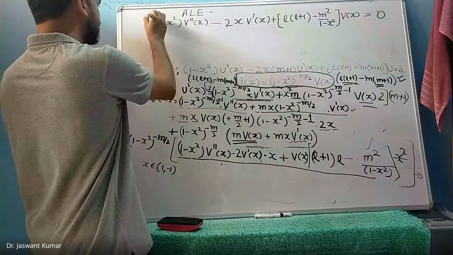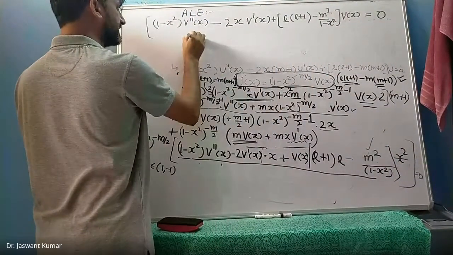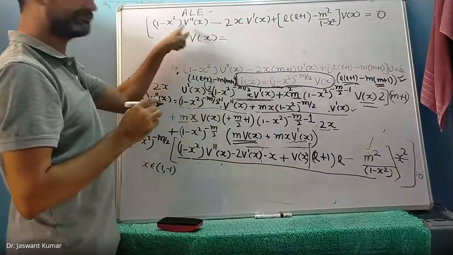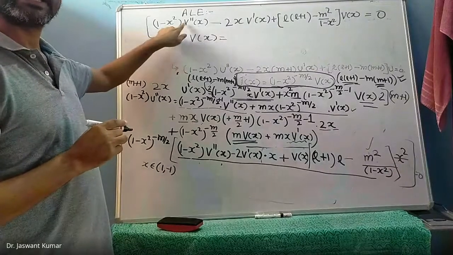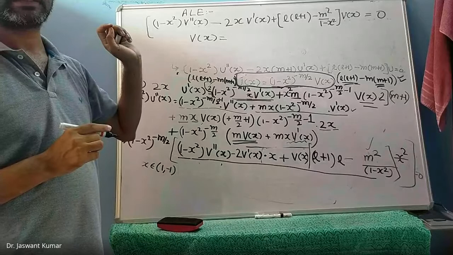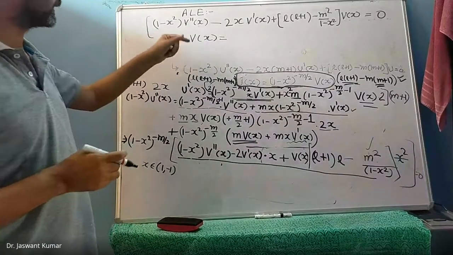Okay. So if you are happy, then that means this is a particular equation, the solution of which is v of x. What is the solution of this equation? You have an equation whose solution is v of x. If you want to solve this equation, it means we have to find v of x.